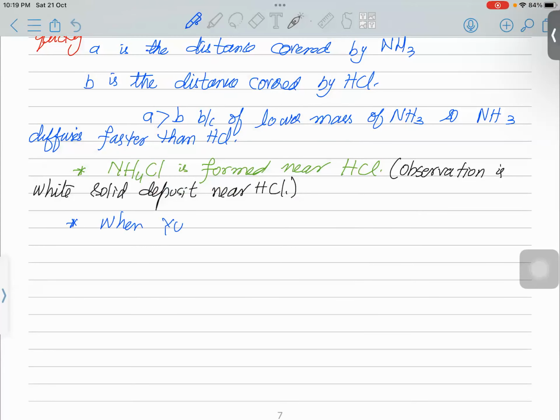When you heat it again, it sublimes and the white solid disappears.